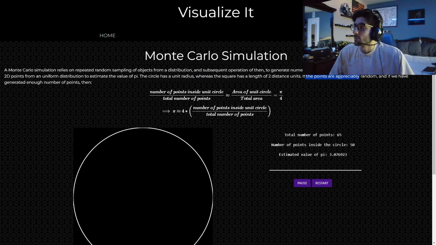If the points are appreciably random, and if we have generated enough points, then the number of points inside the circle over the total number of points is almost equal to the area of the unit circle over the total area, which is close to pi over 4. So pi is about 4 times the number of points inside the circle over the total number of points.